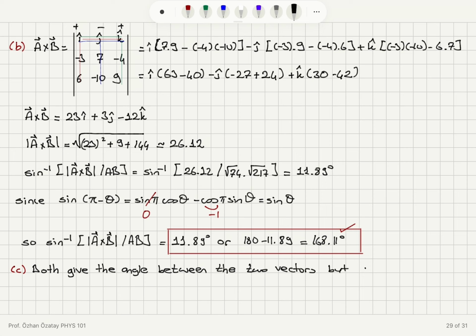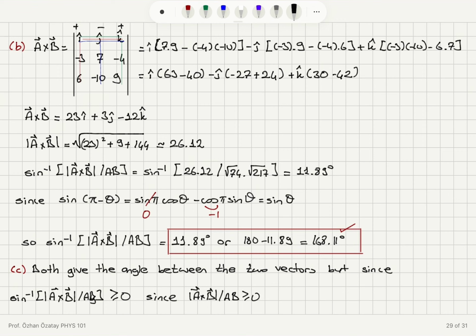But since sine inverse of magnitude of A cross B divided by AB is always going to be greater or equal to 0, because I have a magnitude here, absolute value gives me a positive quantity divided by AB, which is positive, and since magnitude of A cross B divided by AB is always going to be positive, this is going to be a positive quantity.